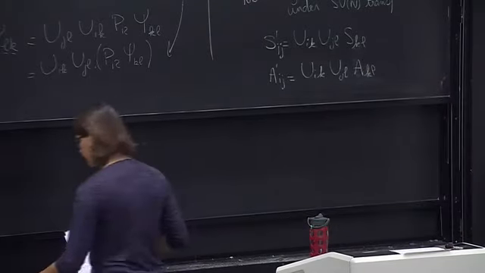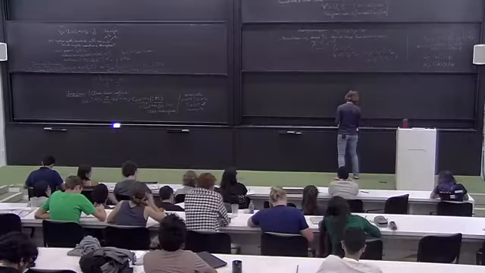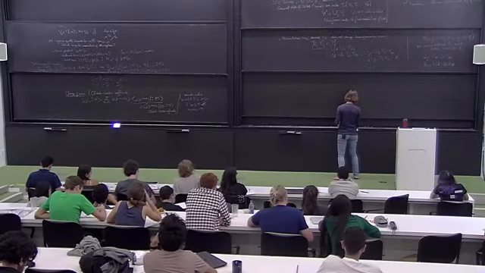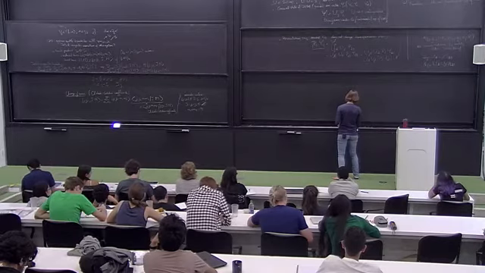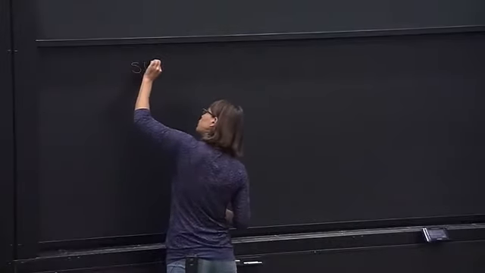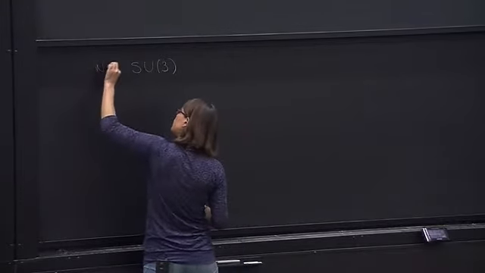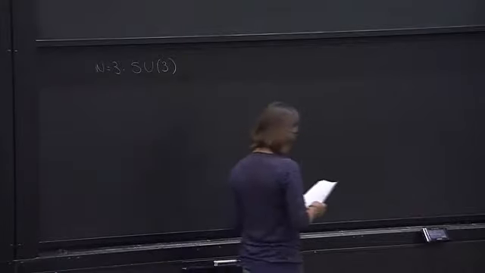So now let's look at a more concrete example, taking again SU(3), that you're going to see when you look at the standard model, or even maybe already in QFT. So N is equal to 3. So what does it mean here?